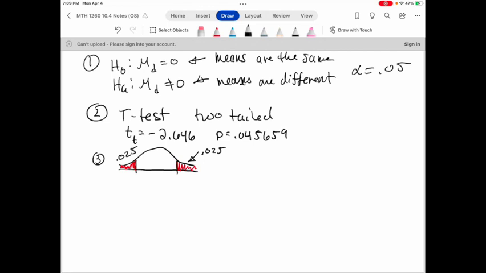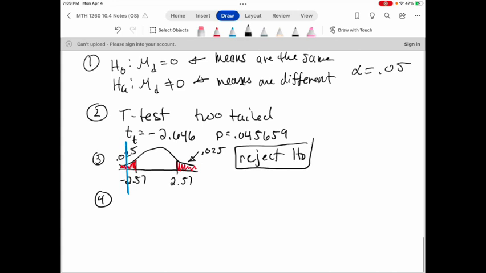When you use inverse t to find that, you're going to find that it's 2.57 and negative 2.57 for those cutoffs. Now, when I check my test statistic, we got negative 2.646. That's past to the left of negative 2.57, which means it falls in the rejection region. So we're going to say reject the null hypothesis.